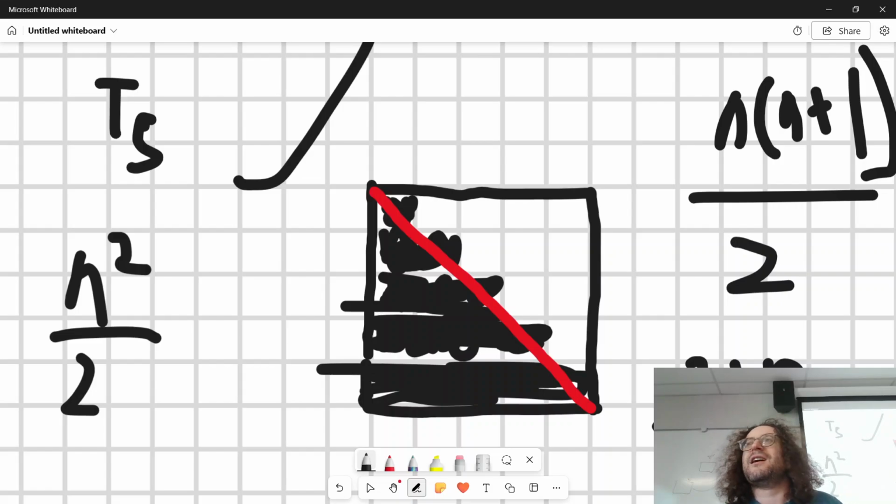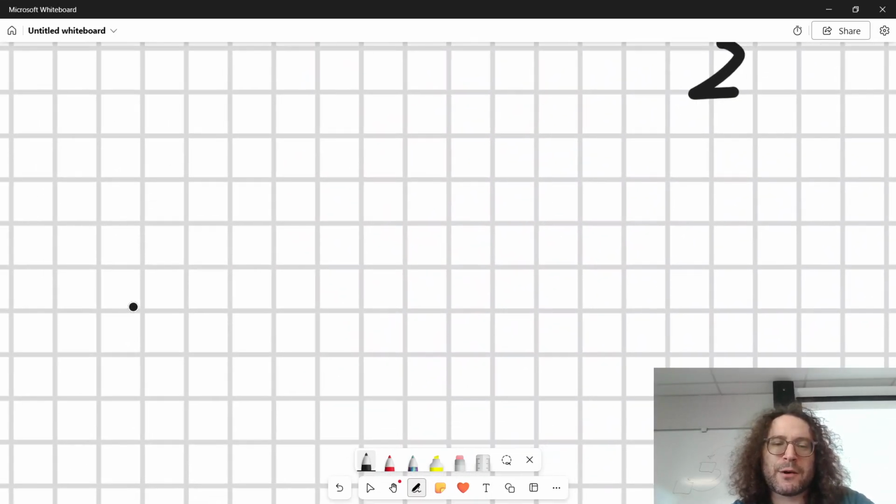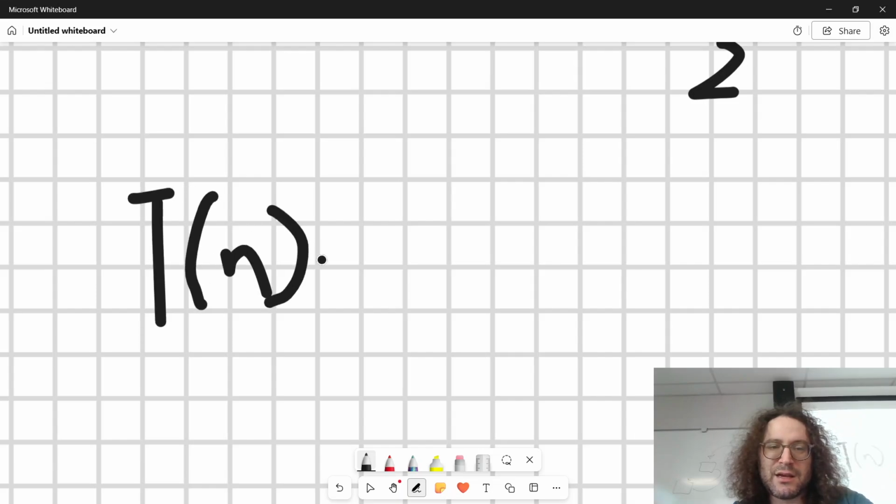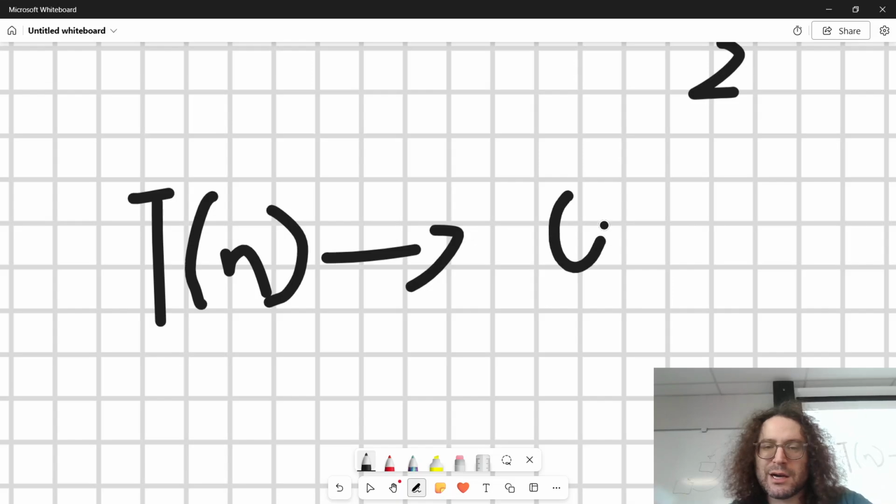So there's your non-formal mathematical proof for induction there. But that is why, for problem 3, t of n gives you big O of n squared.